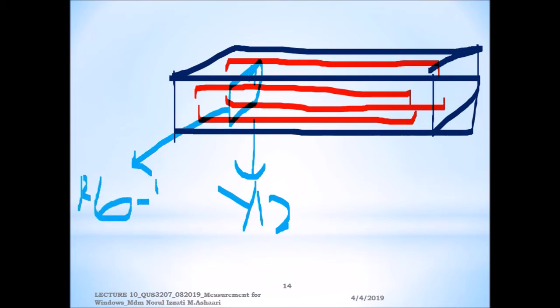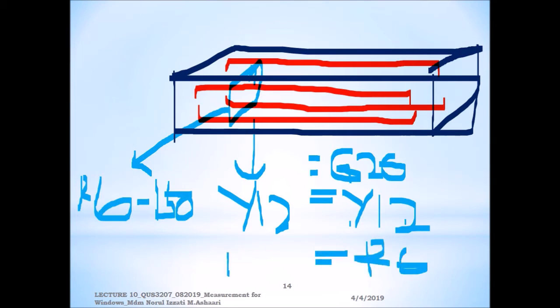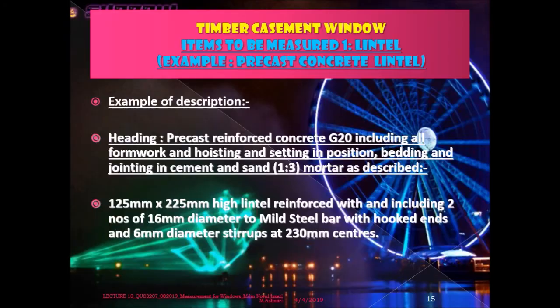Maybe the spacing is given as 150. So all this information must be stated. You need to write down the grade of the concrete, let's say G20, including the formwork, and then including the Y12. Remember to write high tensile 12 mm diameter, and then R6. So all of this is not to be measured, but needs to be stated in the description only, because this is concrete.